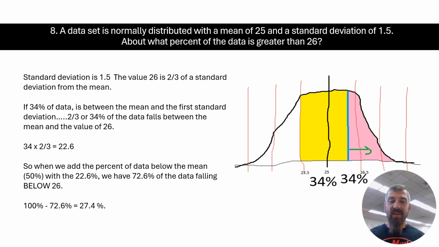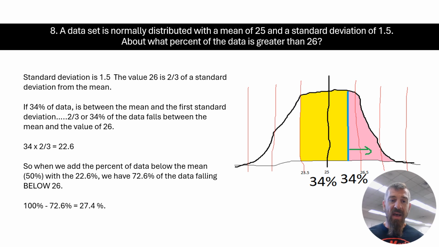And that's going to tell us how much data goes up to 26. So I have 72.6% of the data falling below 26. But again, that's not what the question asked us to do.